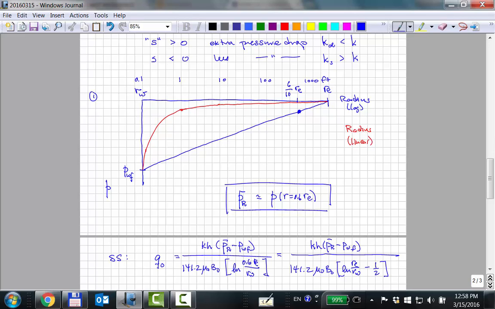And at these no-flow boundaries, the pressure gradient is what? If there's no flow, if the velocity is 0, what's the pressure gradient? dP dr has to be 0. That means that this thing has to turn the corner, something like that.